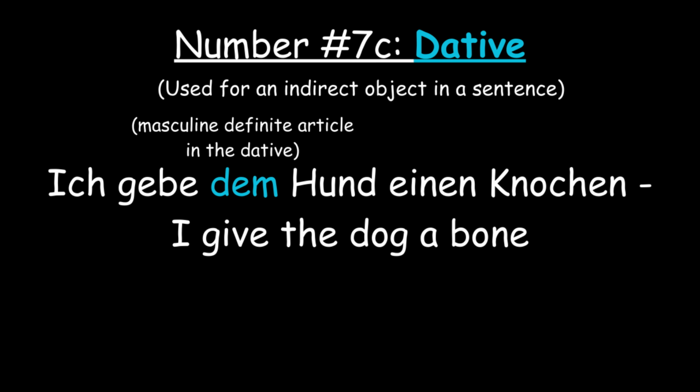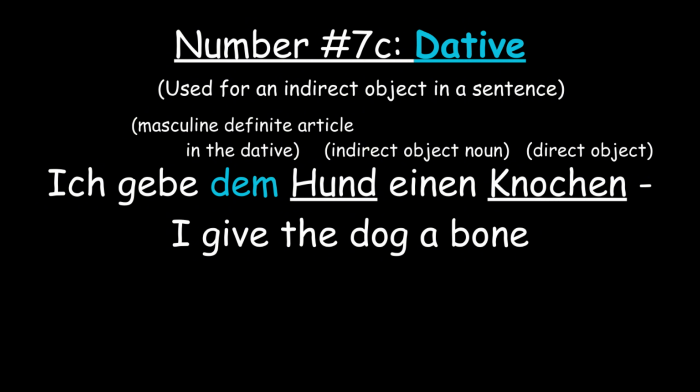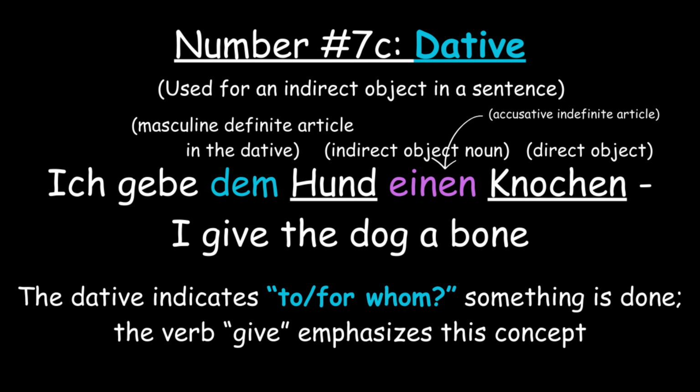We have the masculine definite article the, which becomes dem in the dative because in this case, Hund is an indirect object noun. Alongside, we have Knochen as the direct object and an indefinite article, einen, which is a in the accusative. This example truly shows how far German cases go, because the dative indicates to whom or for whom something is done, and the verb give emphasizes this concept.